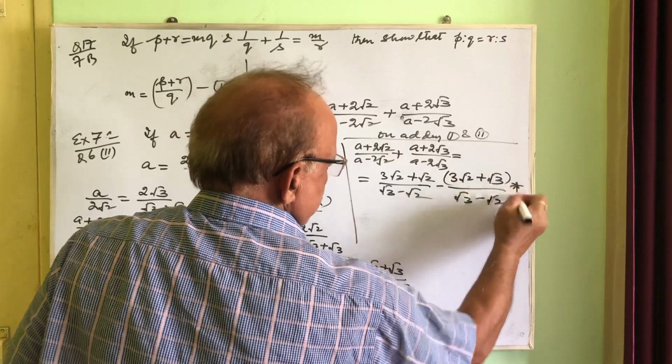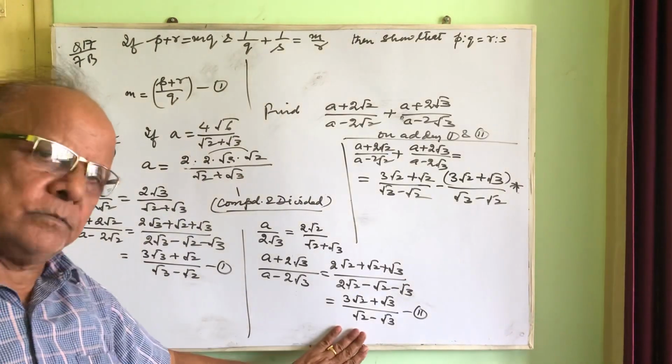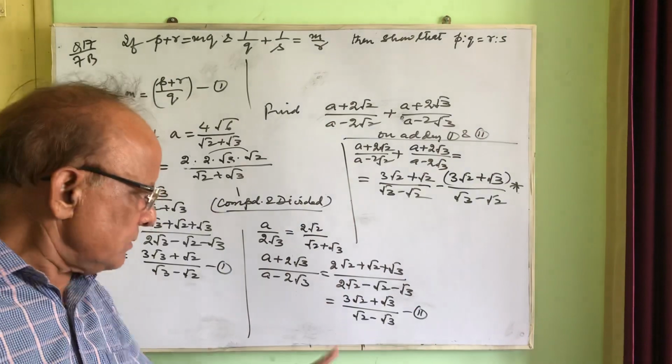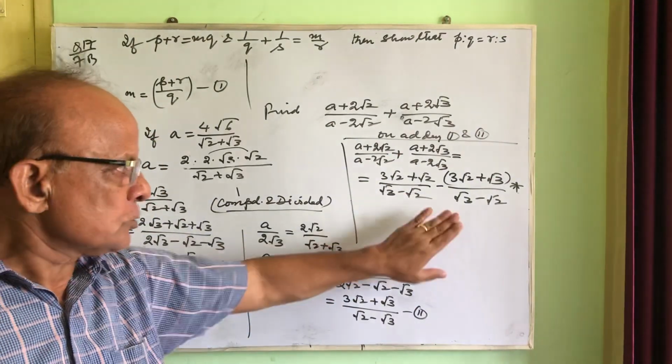One thing to remember: here the denominator is root 3 minus root 2, and here it is just the reverse, root 2 minus root 3. That is why I have put a minus sign here, so that you can take LCM easily.